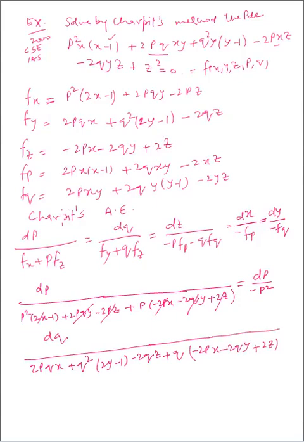So this is pqx, q square 2y, then 2qz cancel, and this is dq upon minus q square.